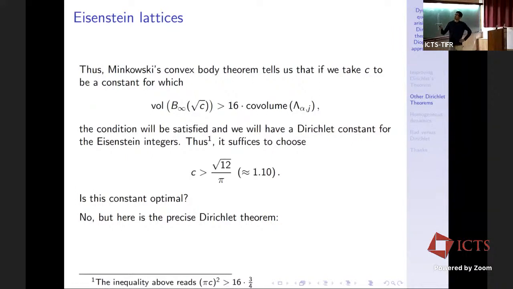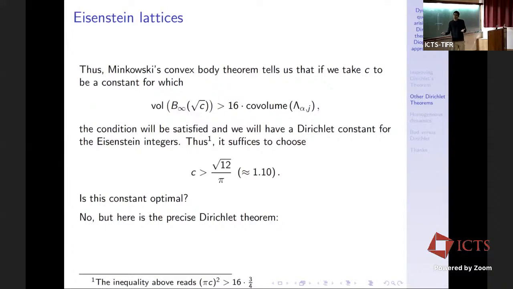So you can apply the same thing here and say that if this volume is greater than 16 times this co-volume, then you will always have a non-trivial intersection, so that Dirichlet system can be solved, and you're done. So you can cook up this constant. You see that if you have C greater than about 1.1, you do get a Dirichlet theorem.